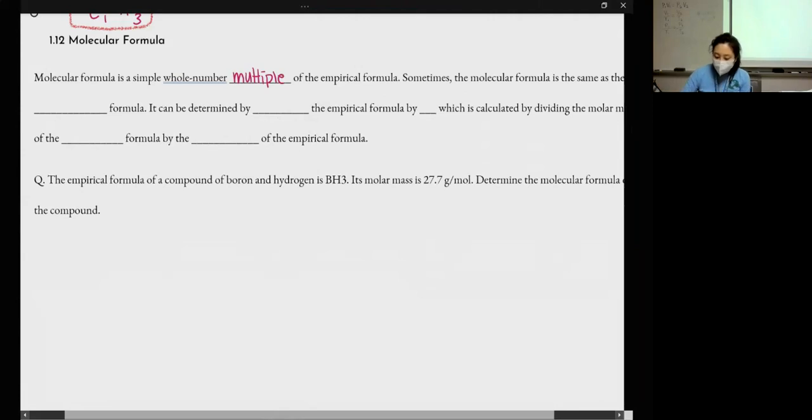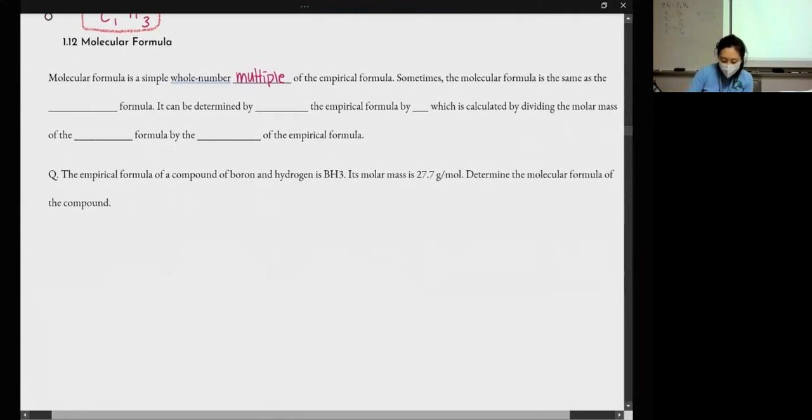Sometimes the molecular formula is the same as the empirical formula. It can be determined by dividing the molar mass of the molecular formula by the empirical.